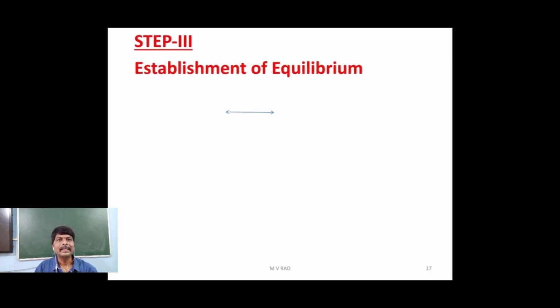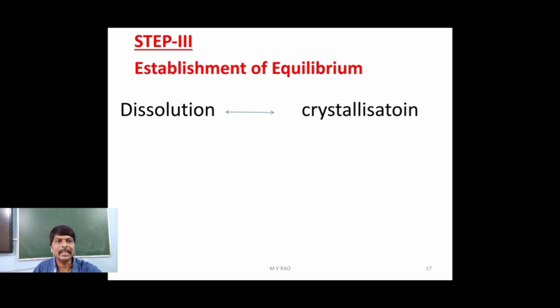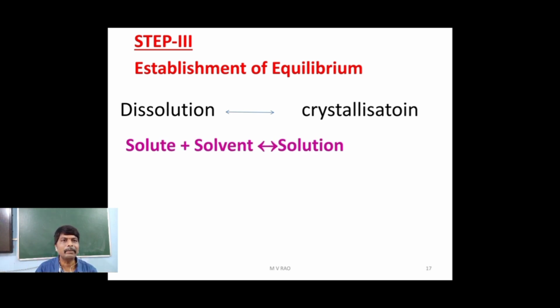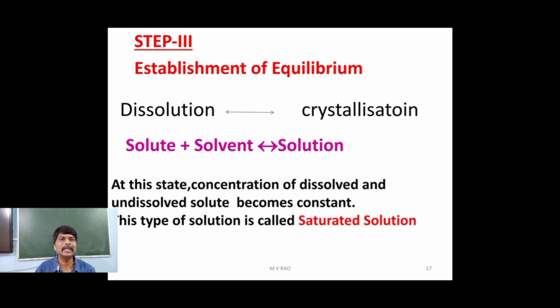Step 3. In step 3, establishment of equilibrium between dissolution and crystallization. So that means dissolution will be taking place, at the same time crystallization also will take place. Both will take place with equal rates. So dynamic equilibrium is there, between dissolution and crystallization. This is establishment of equilibrium.